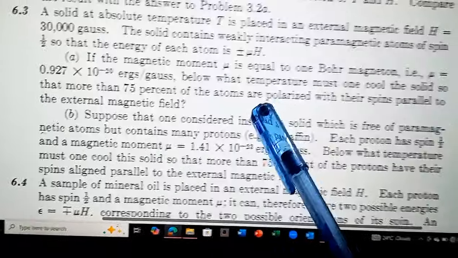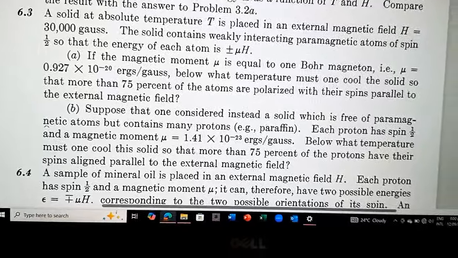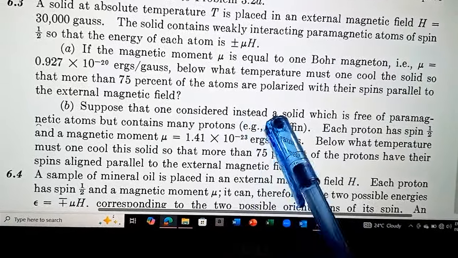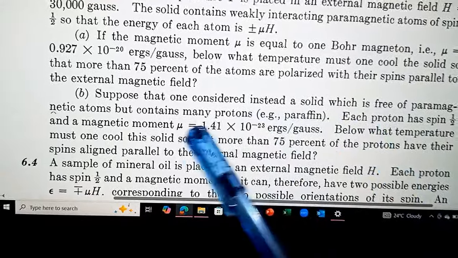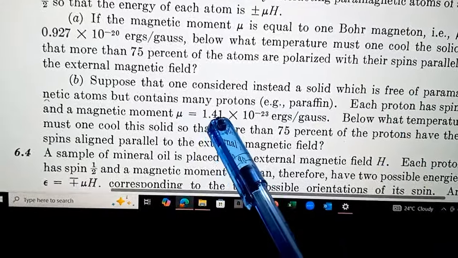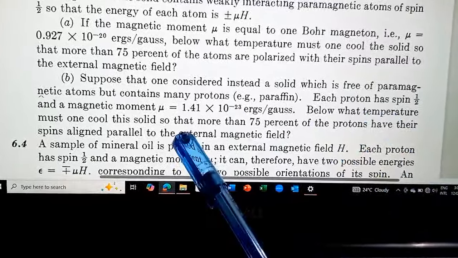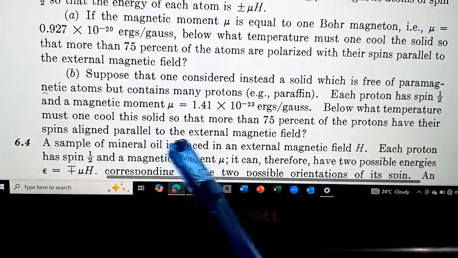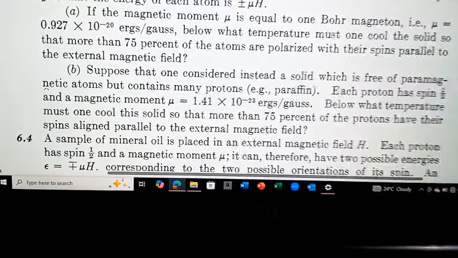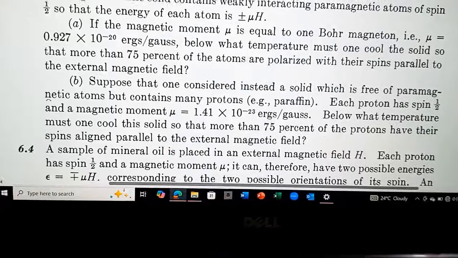For electrons the magnetic moment is different, for protons it's different. So they consider another solid made up of many protons, and calculate the temperature at which more than 75% of their spins are aligned parallel to the external magnetic field.